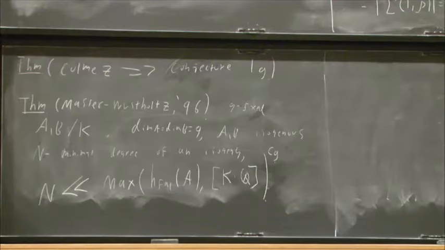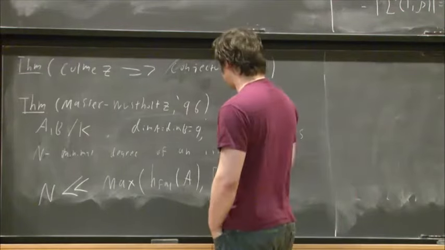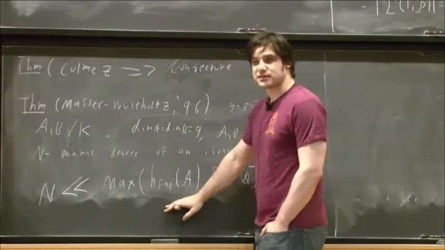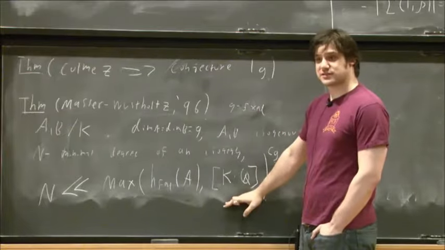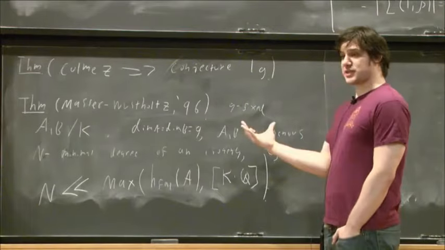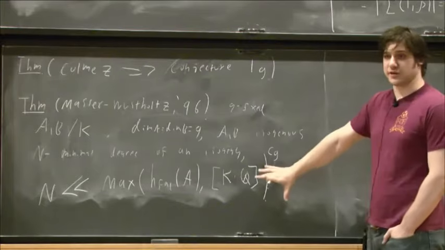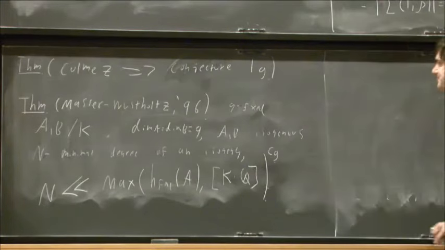OK. So if I give you two abelian varieties that are not arithmetically complex, defined over some low degree number field, and you know that they're isogenous, there's in fact a low degree isogeny between them. All right?